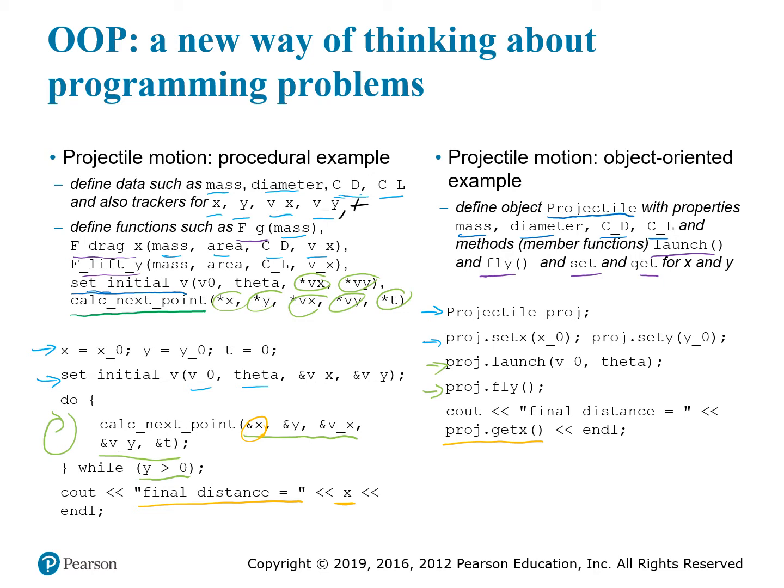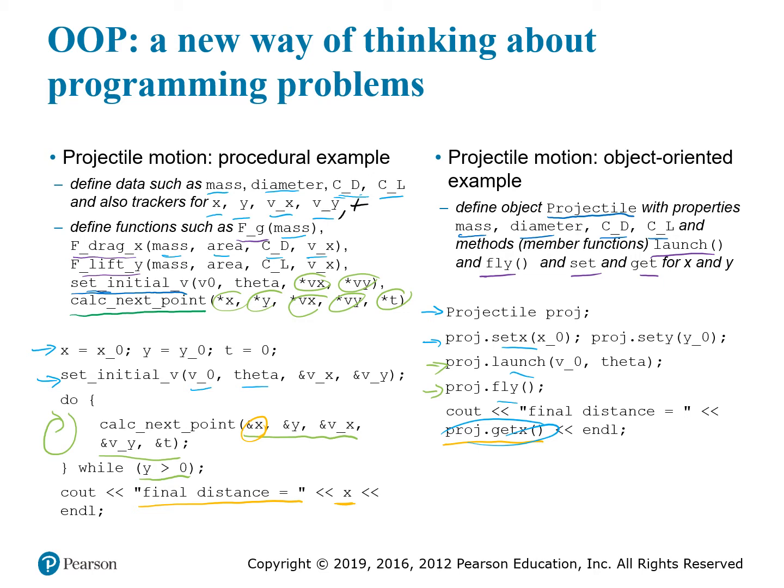That's dramatically different from the procedural example. We're doing operations on an object, setting things, launching things, and then letting it fly. And then finally, we're just getting the results from the object. For one thing, it actually makes the code much, much more readable to the average person.